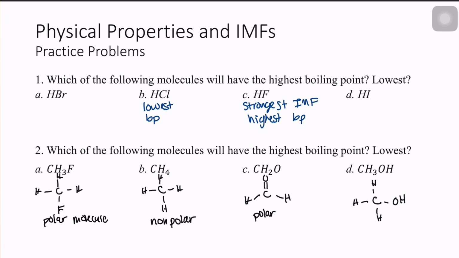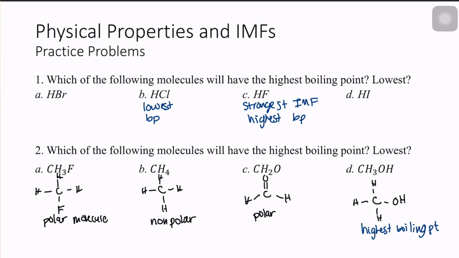So this OH is going to be capable of hydrogen bonding. So out of all of these, the strongest IMFs present are going to be in D. So D is going to have the highest boiling point because it has the strongest IMFs.